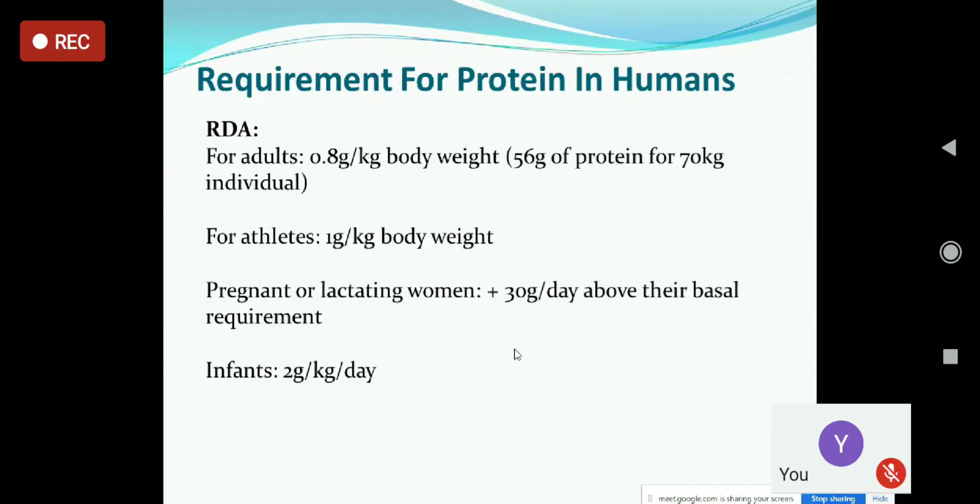This is the daily requirement, but there is no physiologic advantage if you consume more protein than the RDA, because protein, when consumed in excess of the body's need, is deaminated, and the resulting carbon skeletons are metabolized to provide energy or acetyl CoA for fatty acid synthesis. So, when consuming the protein, you follow the RDA.